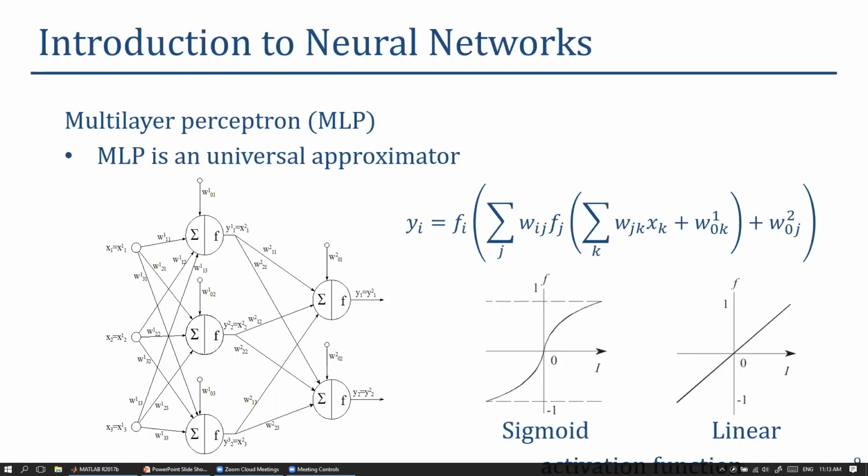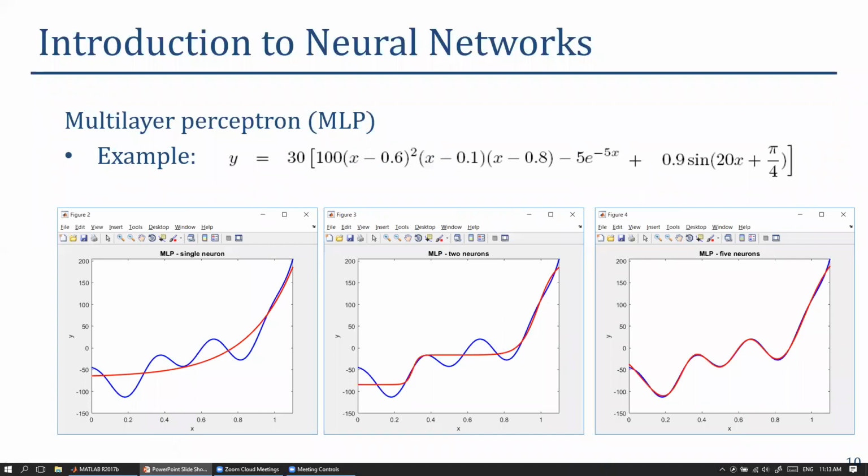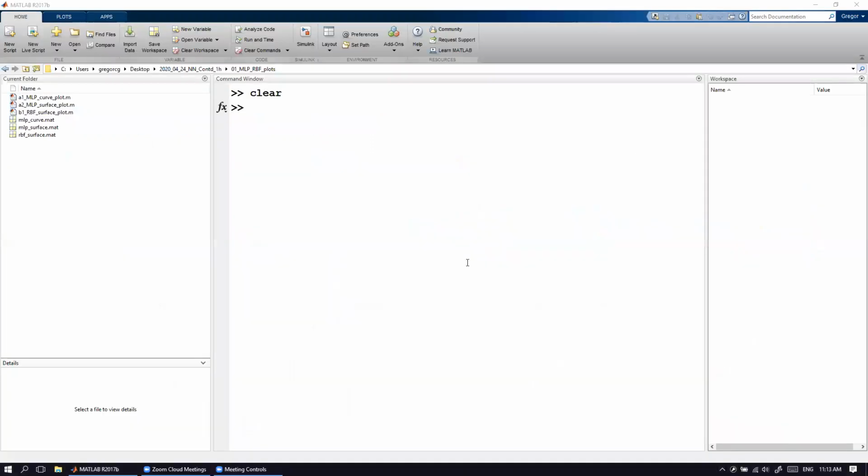So the same thing. Yesterday, what we actually did was the simplest multi-layer perceptron. Now, if we take an example, we are going to try to model the function shown here, some nonlinear function, with the multi-layer perceptron with a number of neurons. I'm just going to reproduce these plots in MATLAB.